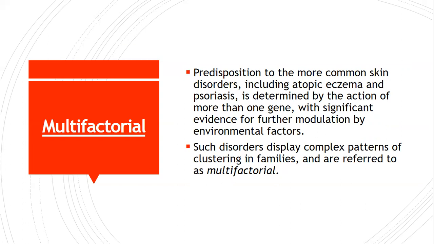Such disorders display a complex pattern of clustering in families and are referred to as multifactorial. So the multifactorial disorders are those in which different genes and different environmental influences affect the causation of that particular disease. Examples include atopic dermatitis and psoriasis.